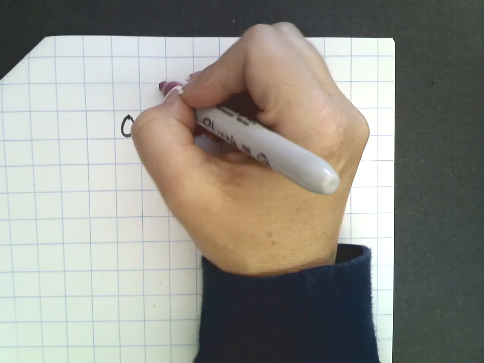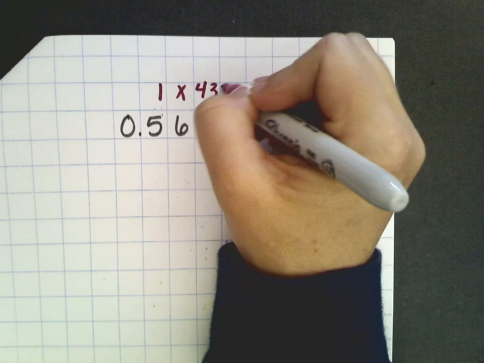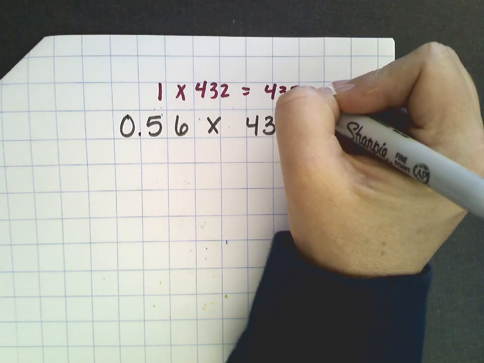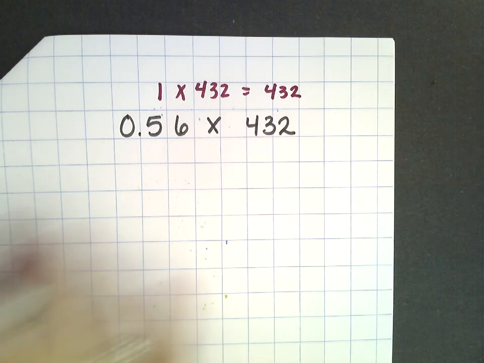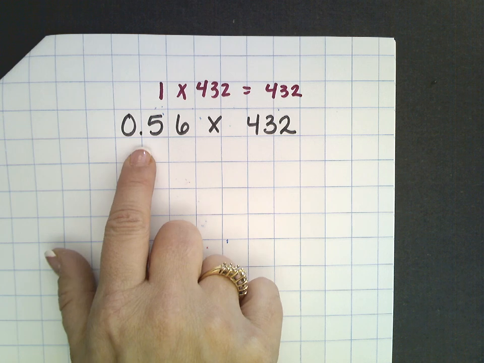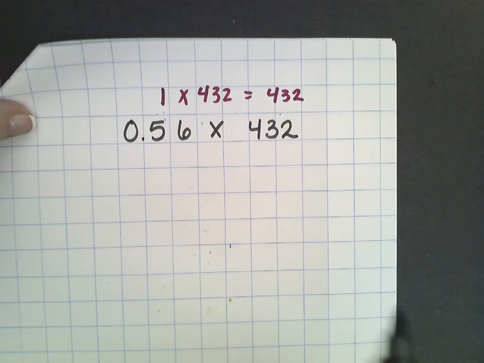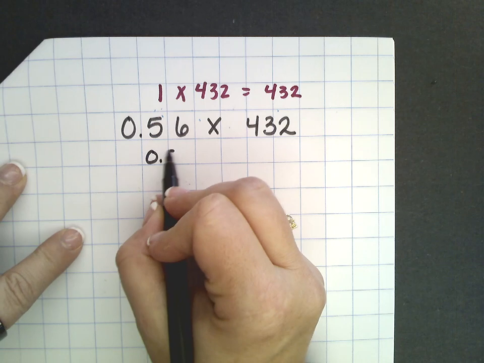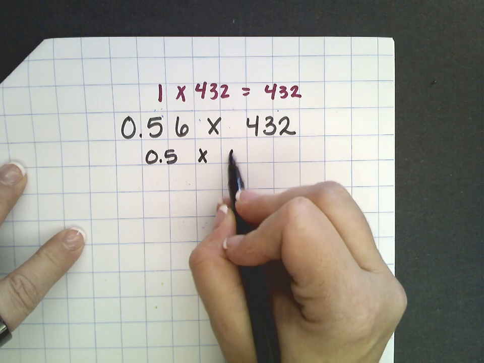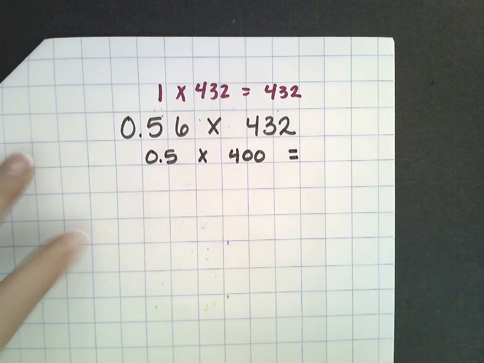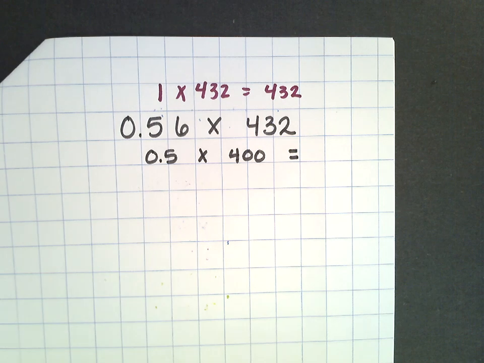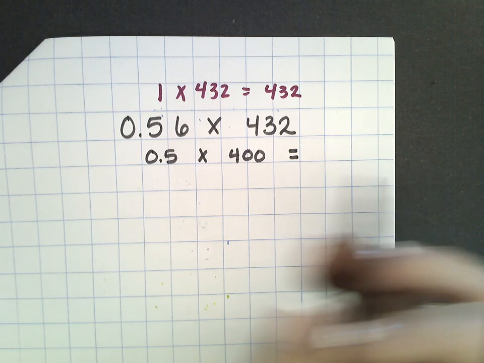So if I did 1 times 432, I know it's going to be about 432. However, I could also round this to 0.5 and this to 400. And then I'm going to solve it the same way, pretending the decimal's not there and add it at the end.